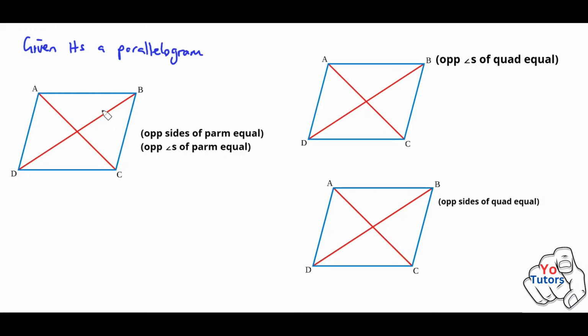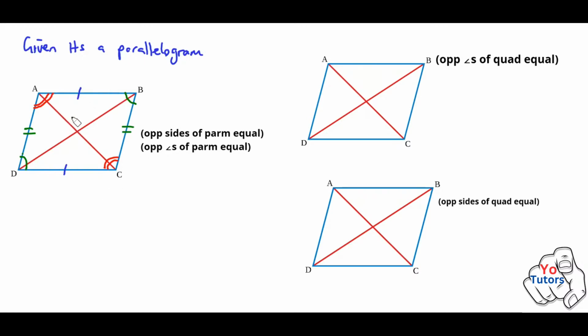That's what we know. Now, when we know that, what is it that we can conclude? What we can conclude is that opposite sides are equal. And what else can we conclude is that opposite angles are equal. That's what we can conclude there, because we are told that it's a parallelogram.